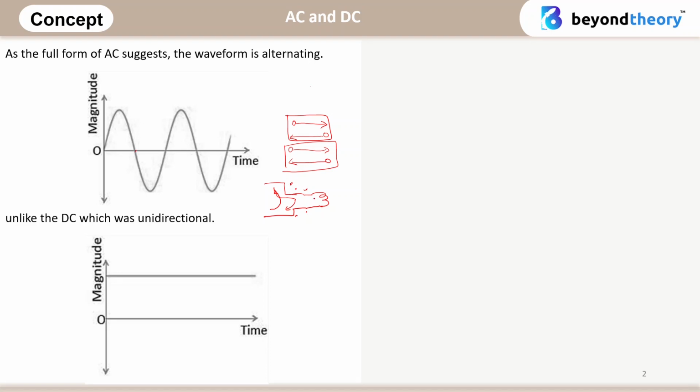That is, it would move this way, stop, then move this way, stop again, move this way, stop again. So every time these electrons stop, the current does not flow, which is to say that the filament will start cooling a little bit. Now, this explains why the light or bulb would flicker.